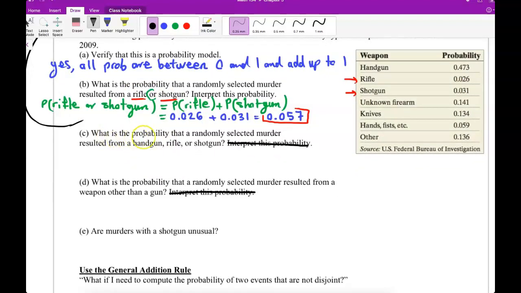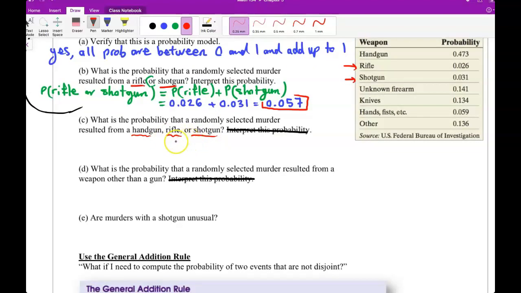Here is: what is the probability that a randomly selected murder resulted from handgun, rifle, or shotgun. So here we have 3 events on this board, and between them we have "or" again: or rifle, or shotgun.